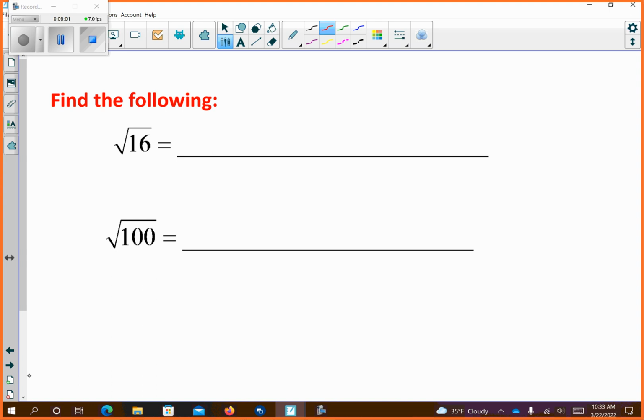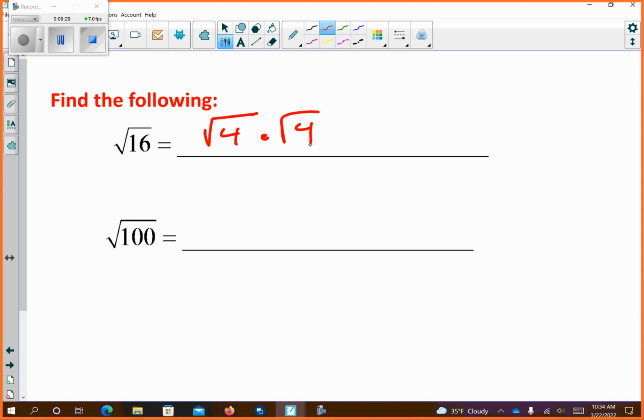One thing I want to build upon is, do you agree that square root 4 times square root 4, so I'm not worried about the radical, but do you agree that 4 times 4 is 16?